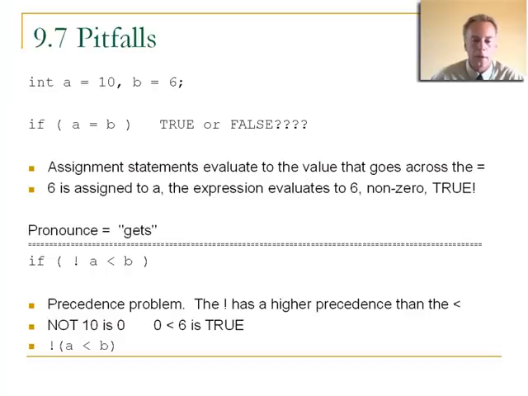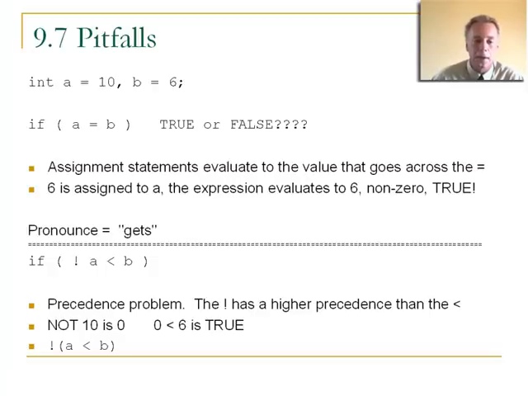In an assignment statement, the 6 will go into the variable A. The assignment operator in C evaluates to the value that goes across the assignment. So in this case, A gets B evaluates to 6, the value that was in B and went into the variable A. So when you reduce that, we have if 6, which is true.